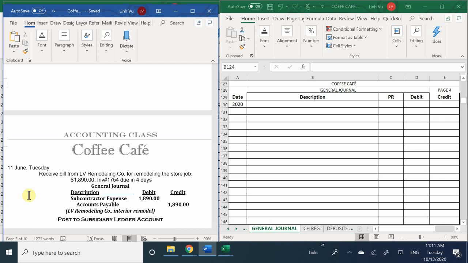So let's look at this. We received a bill. The invoice is for $17.54, and it's due in 4 days. The grand total amount is $18.90.